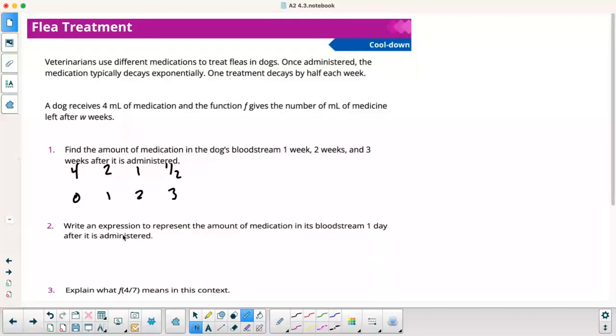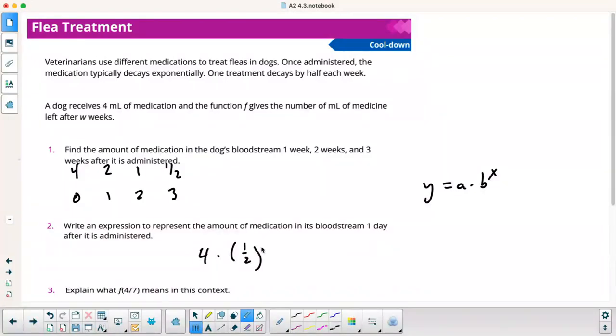So write an expression to represent the amount of medication in the bloodstream 1 day after it's administered. So 1 day. So your initial value's 4. Remember, it's y equals a times b to the x. A is your initial value, b is your growth factor. So I'm really not growing, it's more of a decay factor.